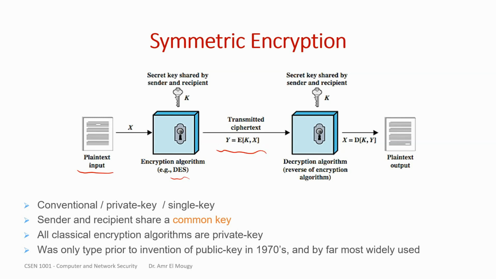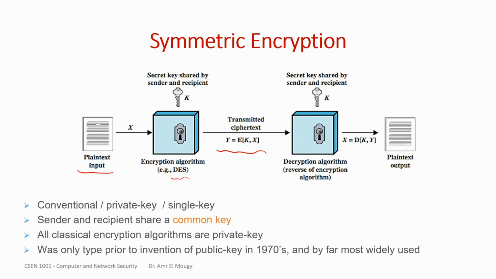So the ciphertext is a function of two things. It's a function of the plain text and is a function of the key as well. Meaning that if you change the plain text or you change the key, you will end up with a different ciphertext. Now, this ciphertext is the one that is sent from sender to the receiver. How will the receiver actually recover back the plain text from the ciphertext?